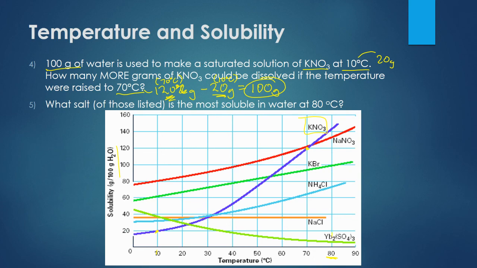Coming up here, I see that the dark blue curve is the highest one, and that is the curve for KNO3. So KNO3 is the most soluble at 80 degrees. So use these examples to help you when you are asked to do any solubility curve analysis, any questions involving solubility curves.